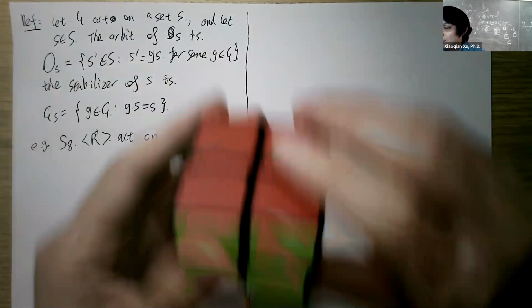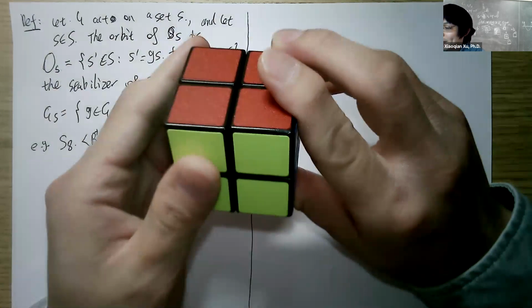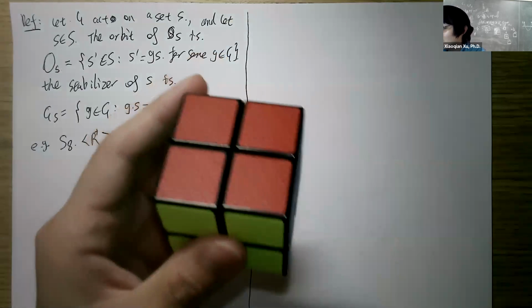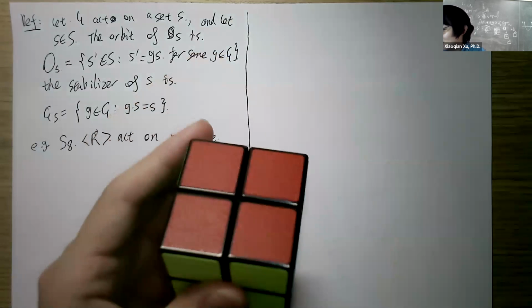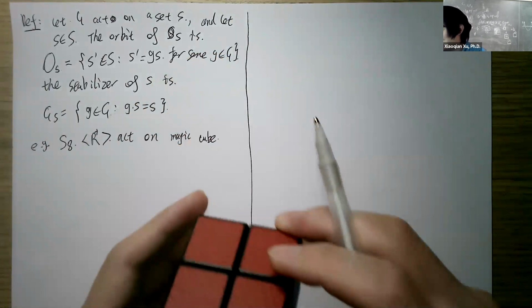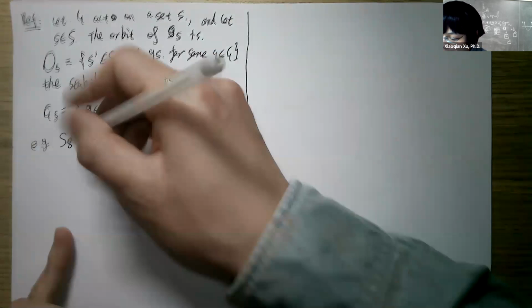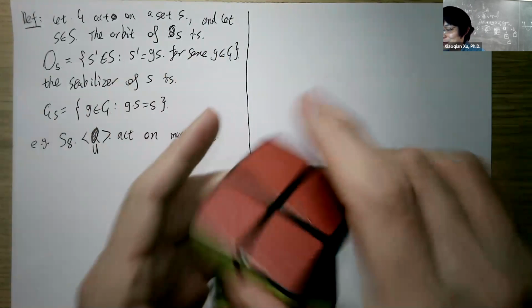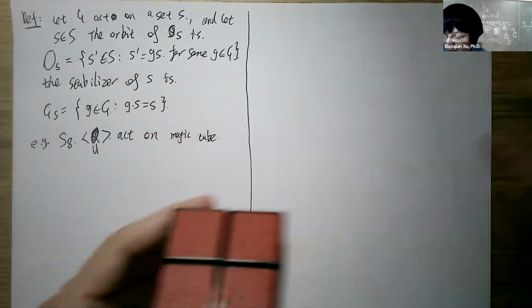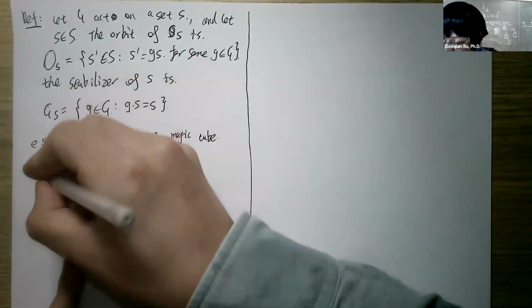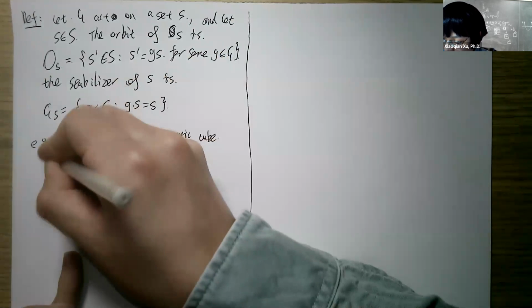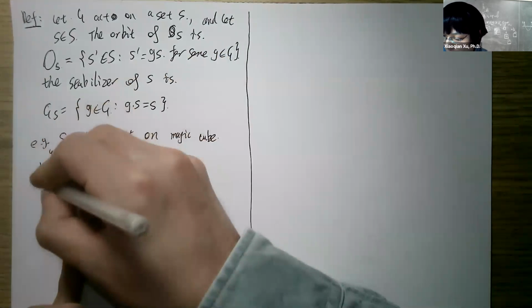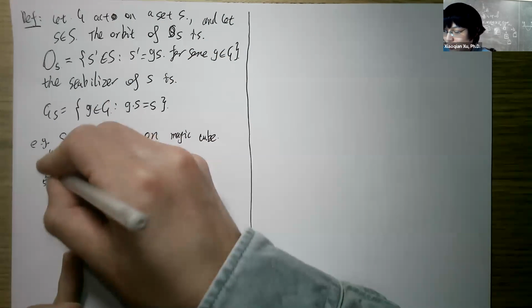To make life easier, let's still use the counterclockwise rotation, with the corners labeled 1, 2, 3, 4, 5, 6, 7, 8.